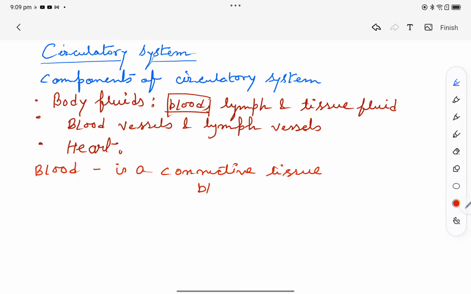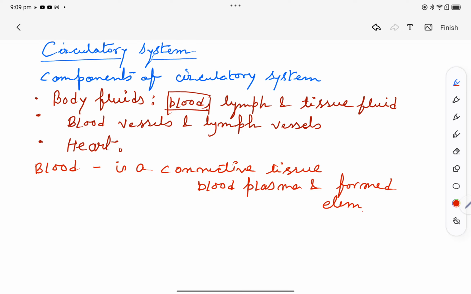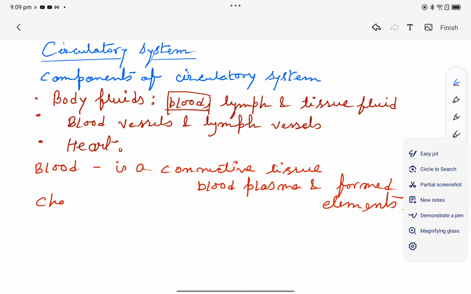One is blood plasma, just like a matrix, and the other is formed elements. This is what blood is made up of. So we are going to first learn about a few characteristics of blood.